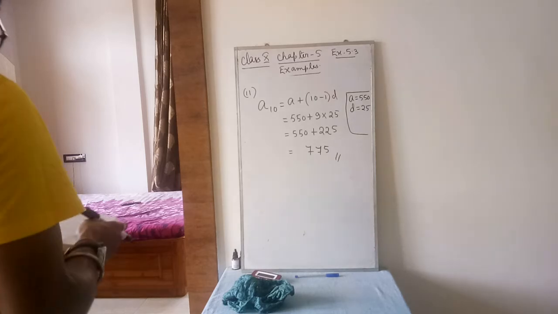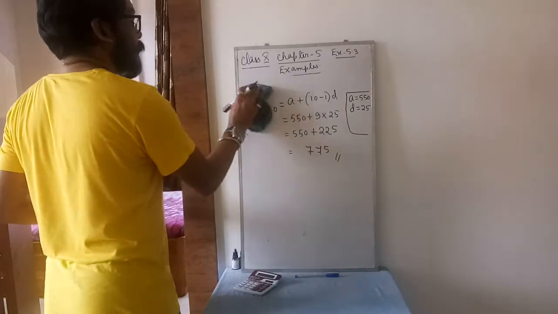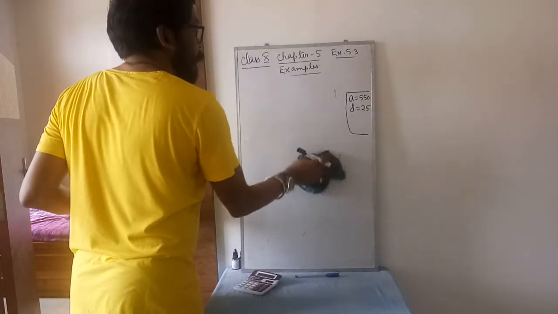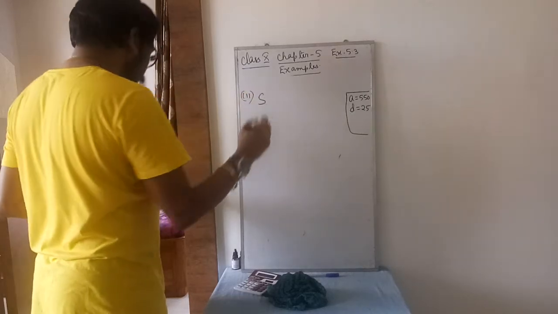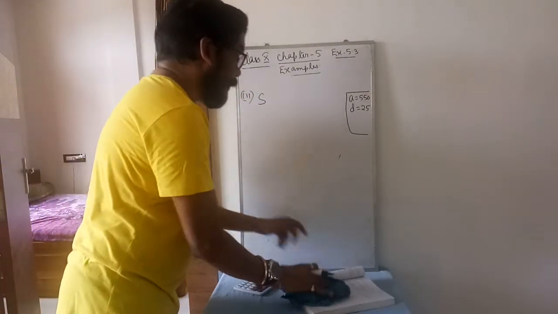Okay. Now we will go for Roman number 3. You have to find out total production. Total means sum. For how many years? 7 years. Means S7.